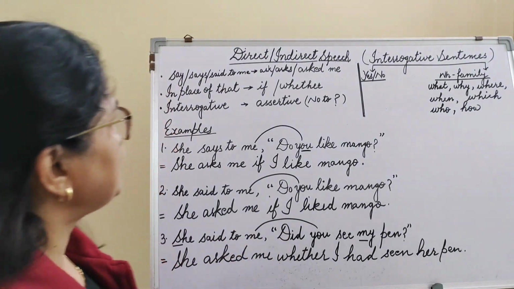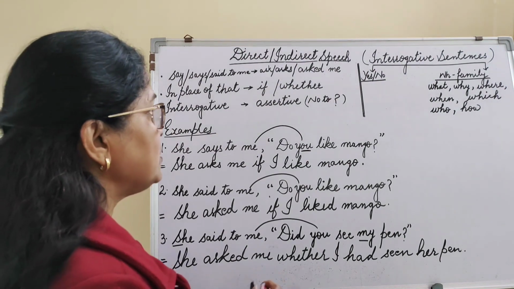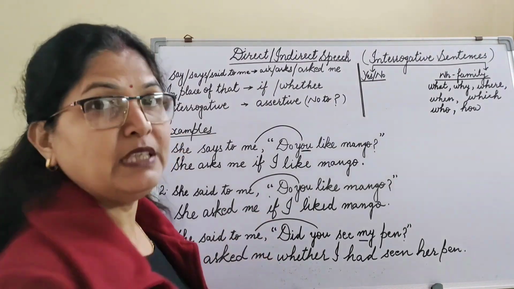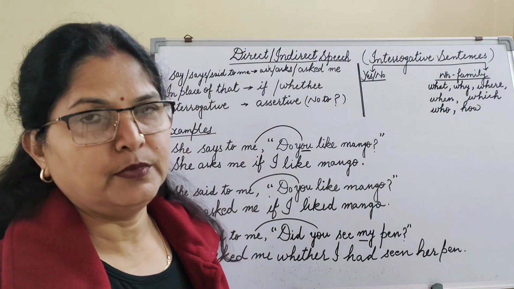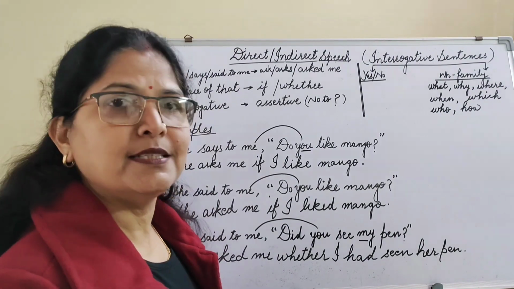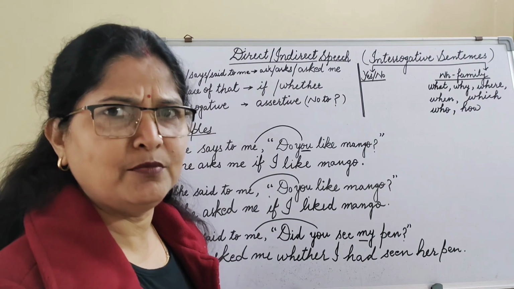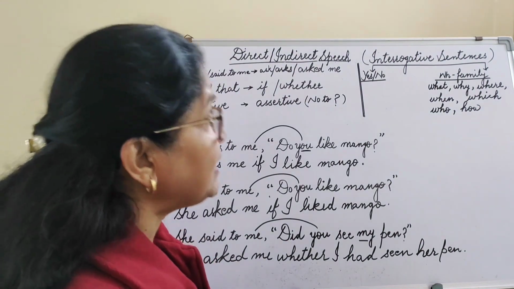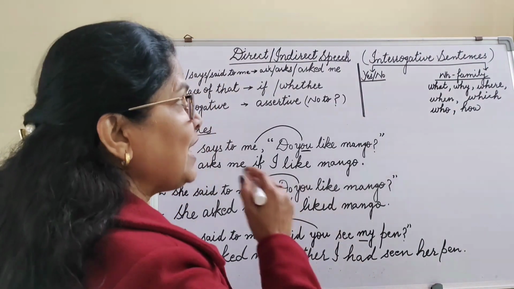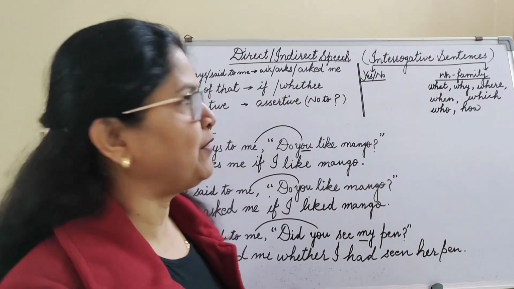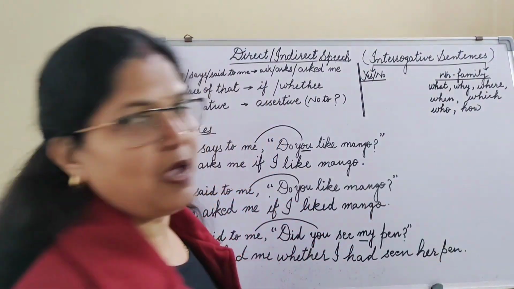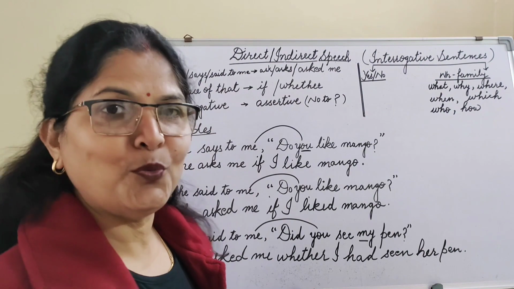So you have understood what happens with the questions where the questions are made with auxiliary verb. Auxiliary verbs are is, are, am, was, were, do, did, has, have, will, shall. Okay? But now we will understand what happens when the questions are framed with WH family. What, why, when, where.